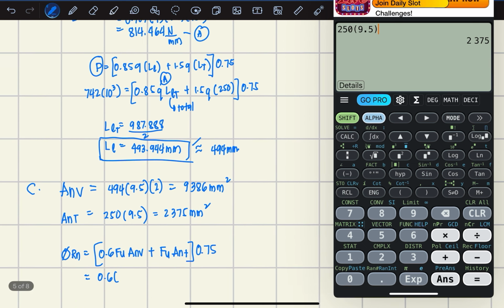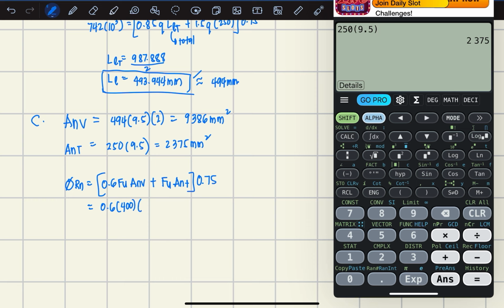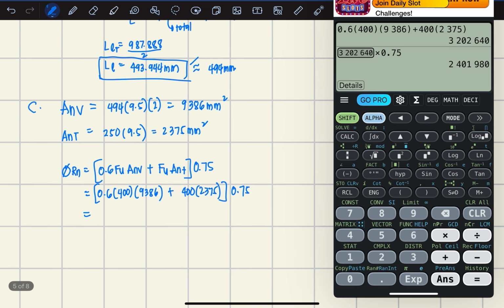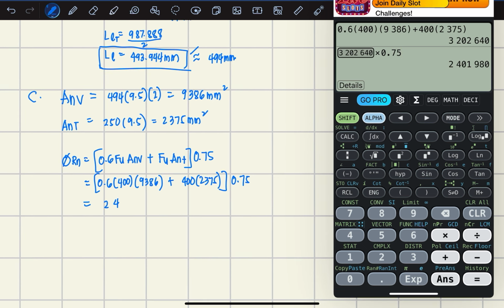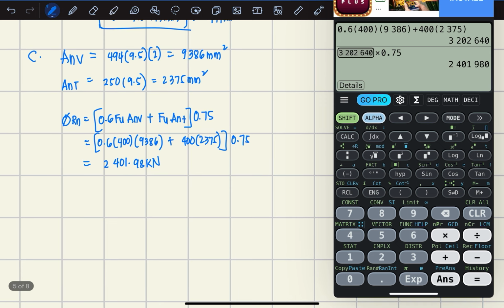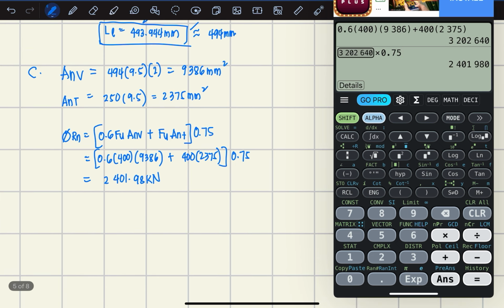So 400 times Anv, 9386, plus 400 times Ant, 2375, multiplied by 0.75. Therefore, we get 2,401.98 kilonewton.